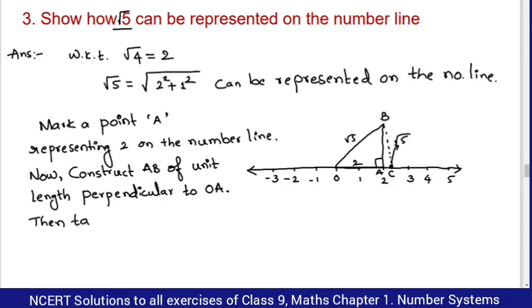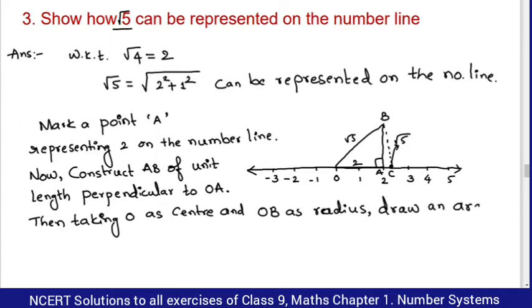Then taking O as center and OB as radius, draw an arc. C is representing square root of 5.